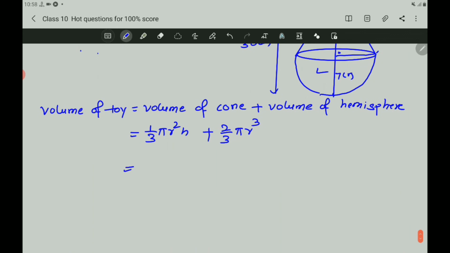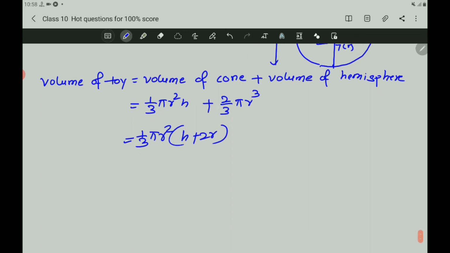Then you can remove something common. 1 by 3 is there, 2 by 3 is there, so you can remove 1 by 3. Pi is there, remove that outside, and r square is common, remove that outside, and here h is remaining. Here 2 r cube means r square is outside, so r is remaining.